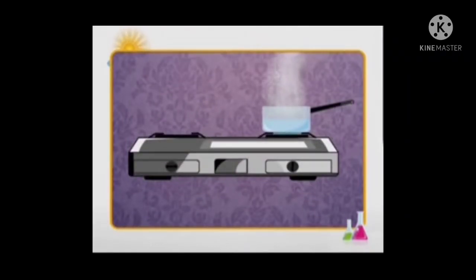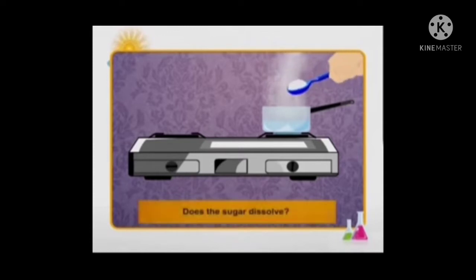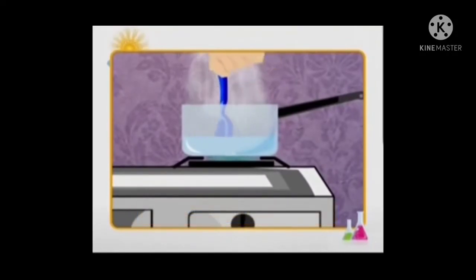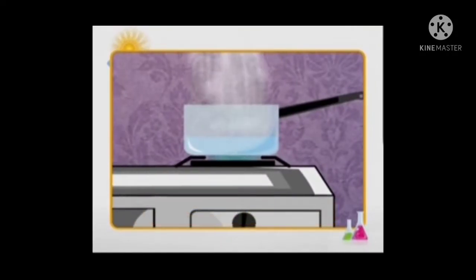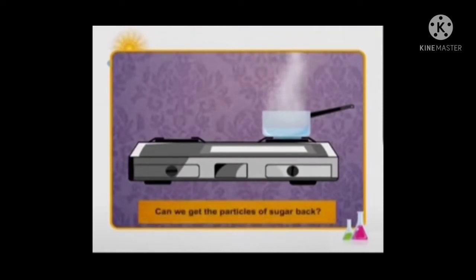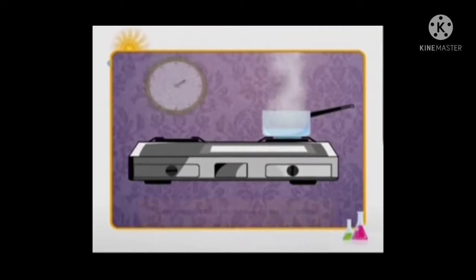Now take 2 teaspoons of sugar into the water. The sugar dissolves completely and no particles of sugar are left behind. Now, can we get the particles of sugar back? Is that possible, children? Just keep on heating the water.